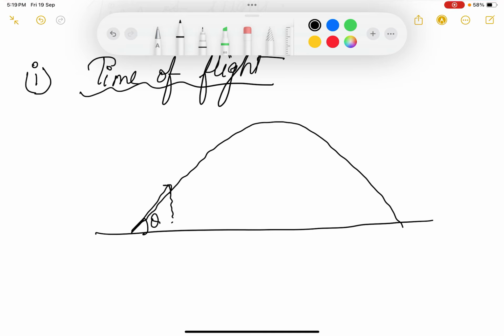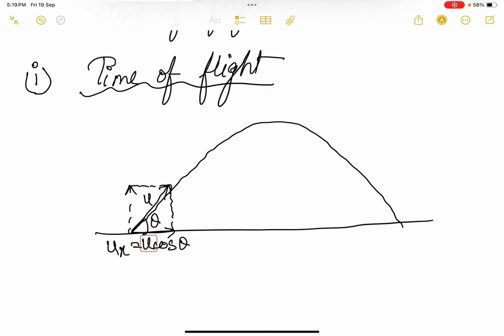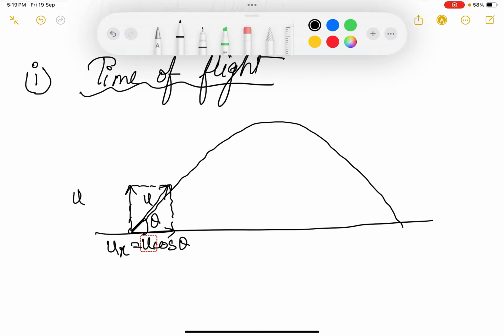So we have to resolve this velocity u. In the horizontal direction this will become u cos theta, this will be ux in the x direction, and this will become uy, that is equal to u sin theta.